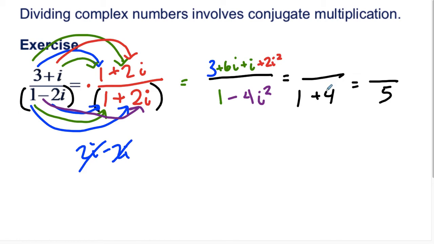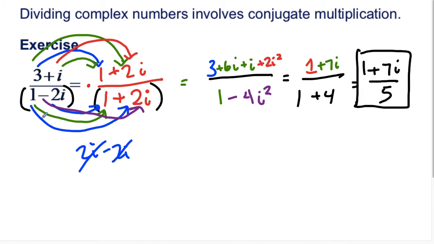All right, and we want to recognize the real numbers first. So this really becomes negative 2. And so this becomes 3 minus 2. Okay, so 3 minus 2 is positive 1. Okay, and now we combine our imaginary terms together. So that's 6i plus i is positive 7i. So altogether, our final answer is 1 plus 7i over 5.